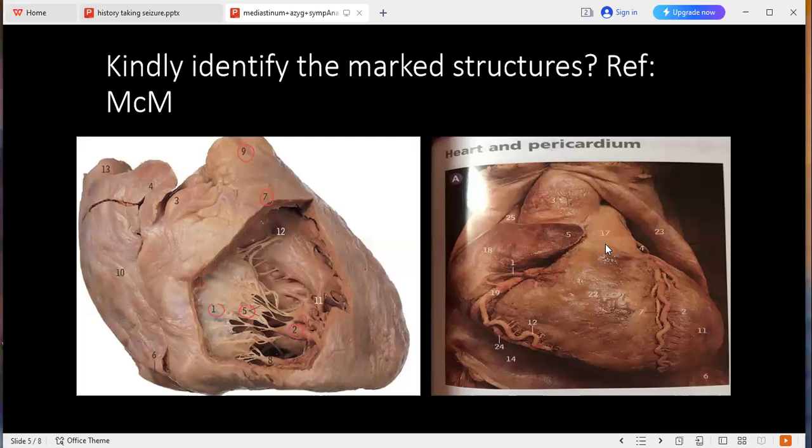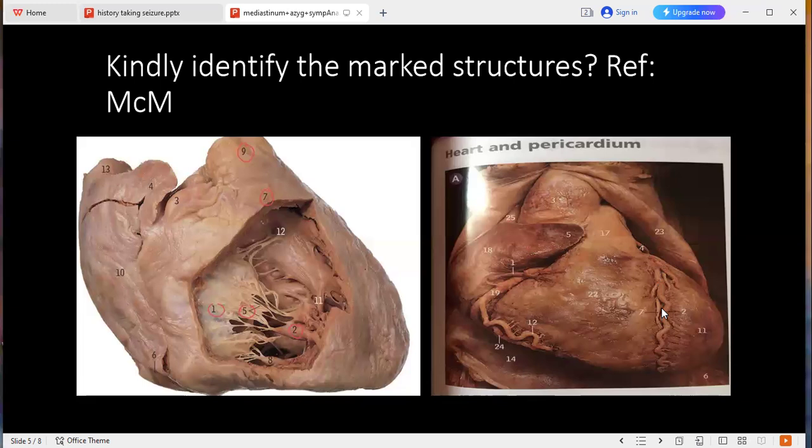Should I mention the branch or is it okay? Yeah, you can, if you can tell me which exact branch you are looking at over here. Okay, this one is anterior interventricular branch of left coronary artery. Yes. Left coronary artery. Good.